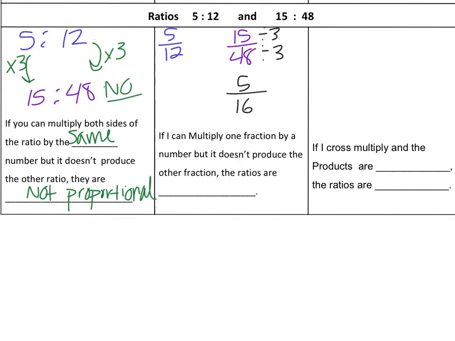Okay, 5 and 16 don't share anything else. And 5 over 12 does not equal 5 over 16. That symbol means not equal. So since I can't reduce to produce the same fraction, the ratios are not proportional.